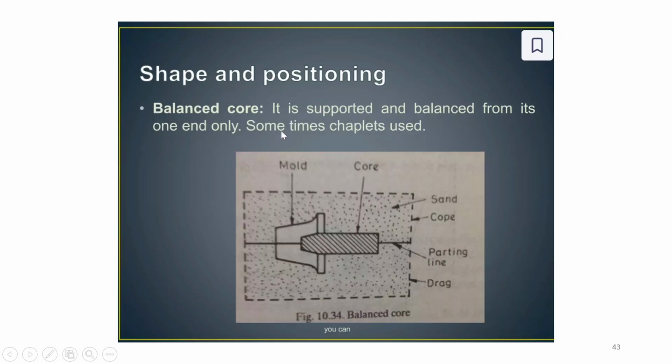Next you have balanced core. It is supported and balanced from one end only. Sometimes chaplets are used. Here you won't be forming a through hole in the casting, so you will be forming some type of shape inside. These cores will be used.